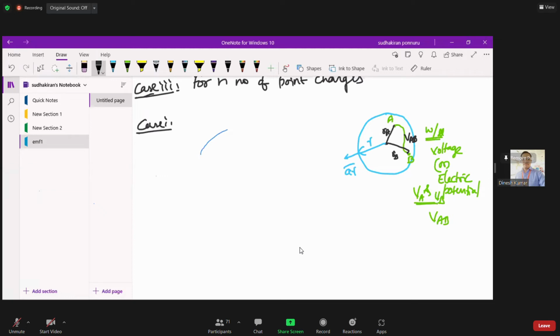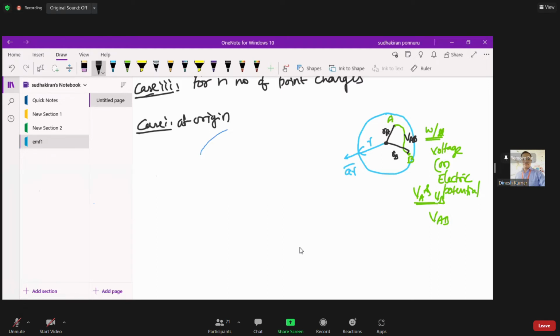Okay, so this is the diagram for case 1. Here, the black dot is the point charge, located at the origin. The blue color is the field around this point charge at a radius of small r, and its direction is given by AR bar.